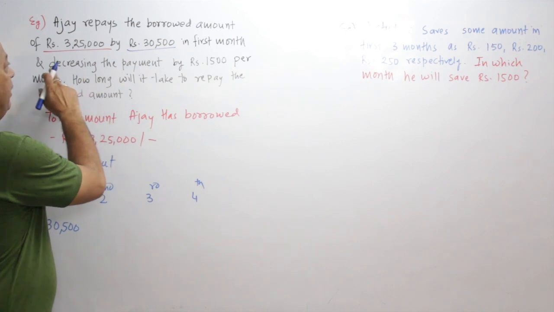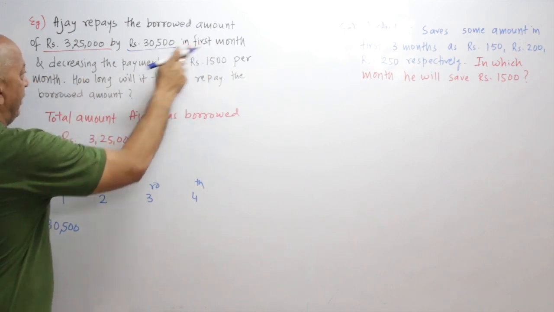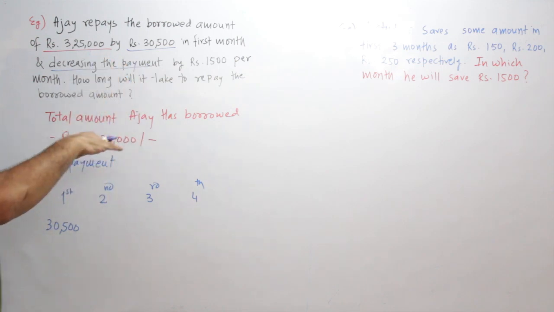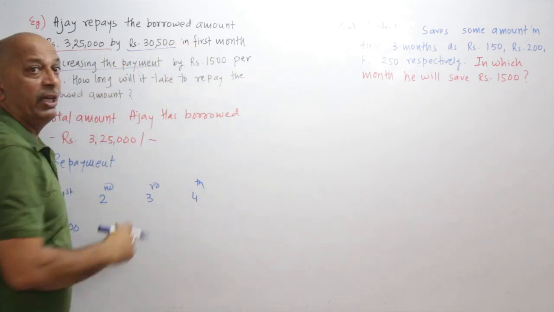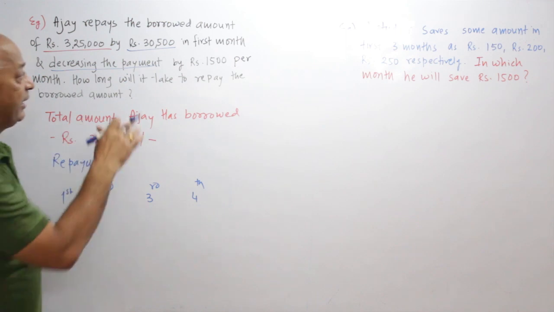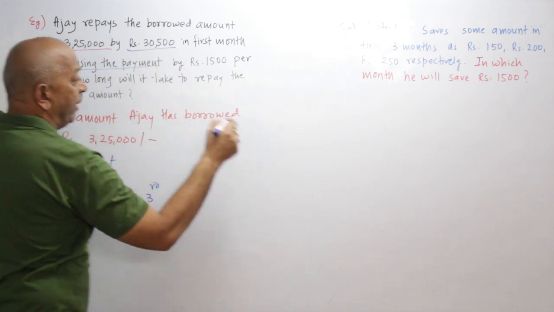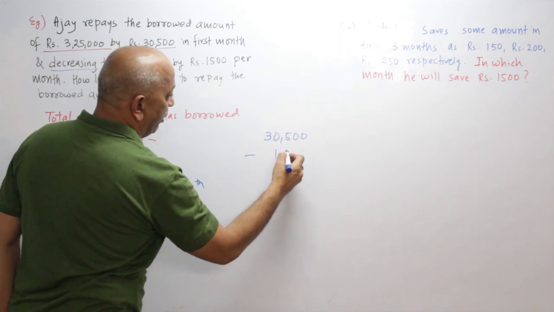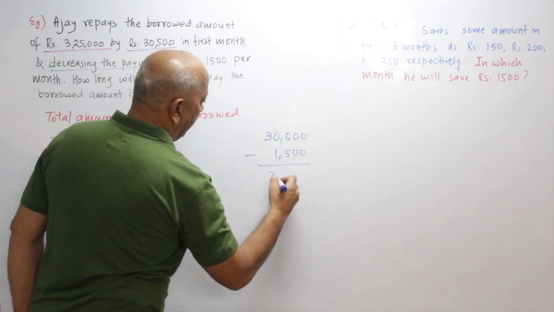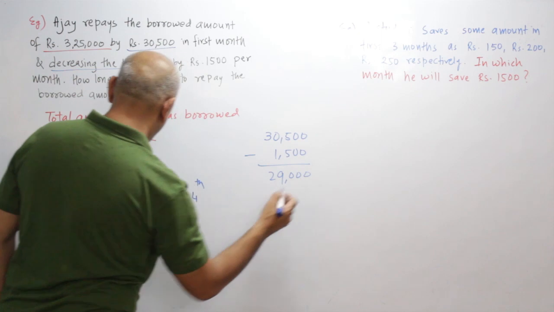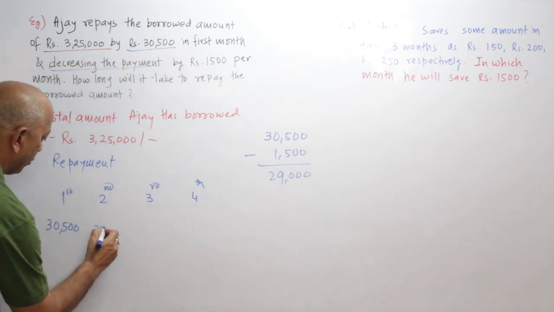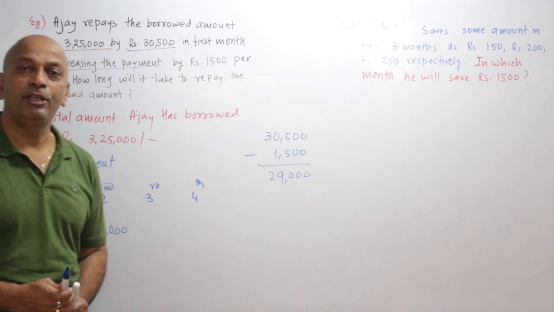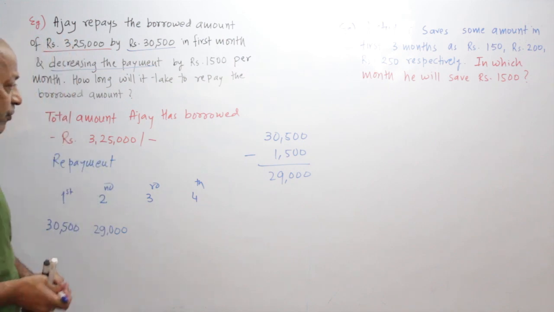He has paid first month 30,500 and decreasing the payment by rupees 1,500. This is important. Decreasing the payment. That means first month 30,500, second month less 1,500. That means in second month he has paid 29,000.